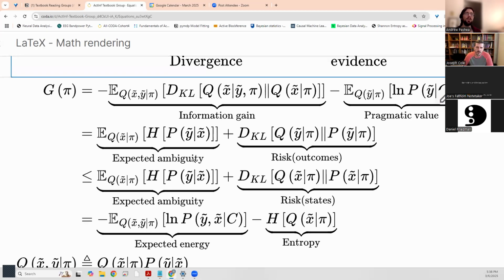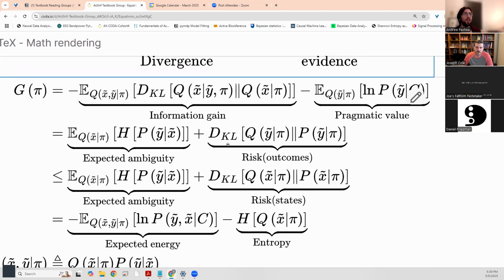Another aspect of this is that the authors try to supply their own definitions of the different ways of breaking these down.